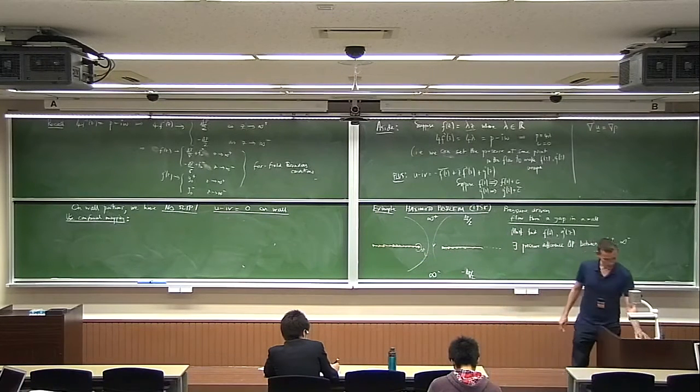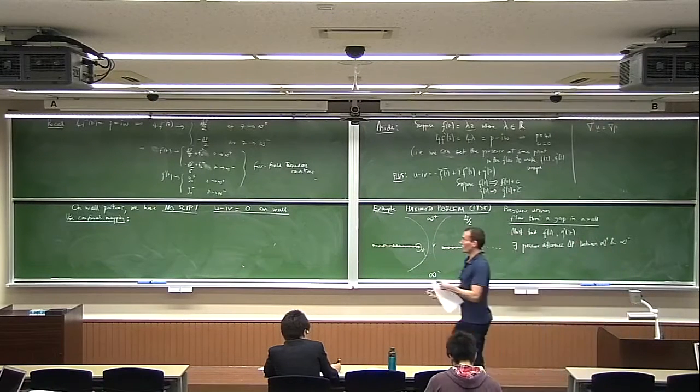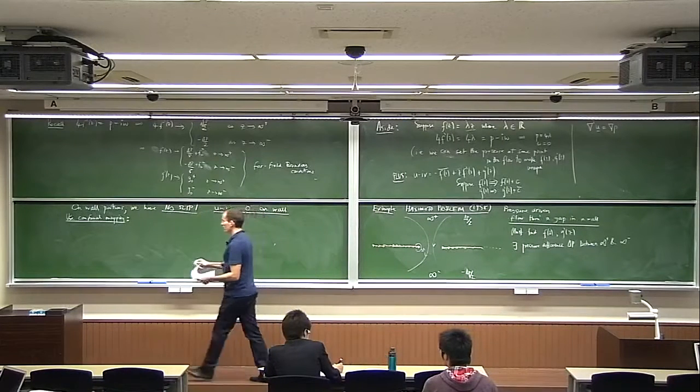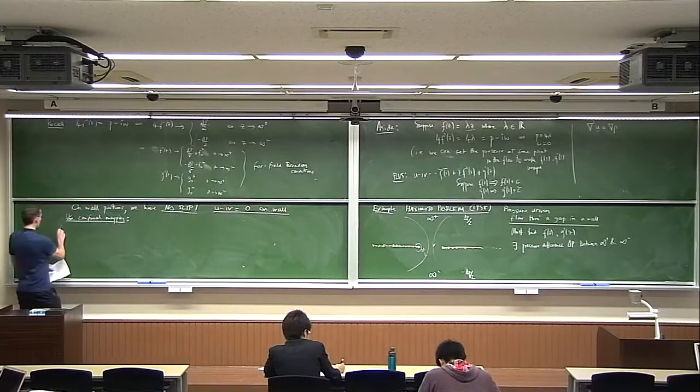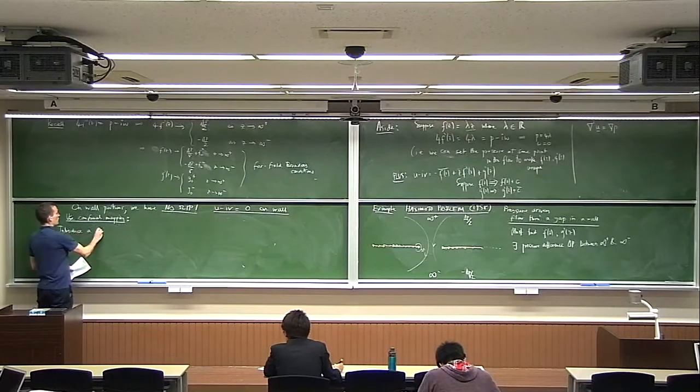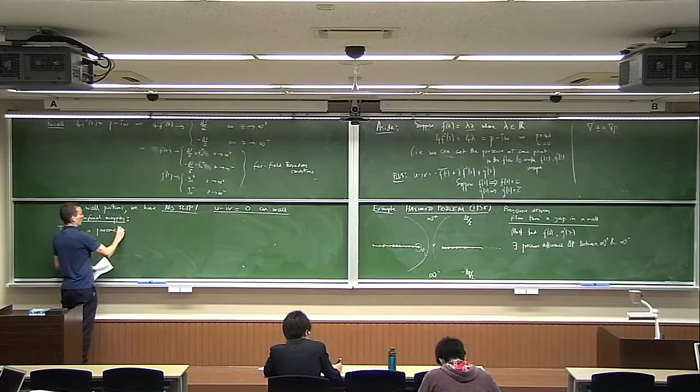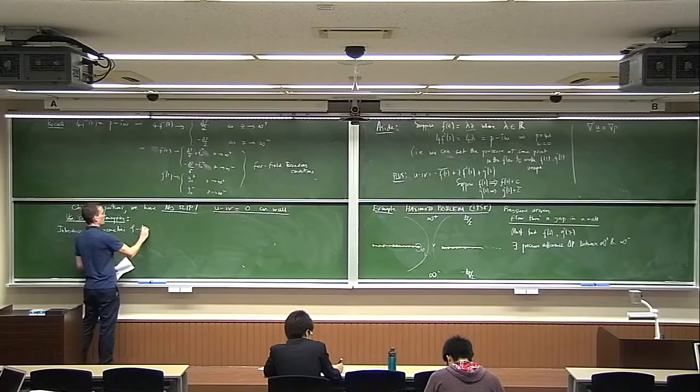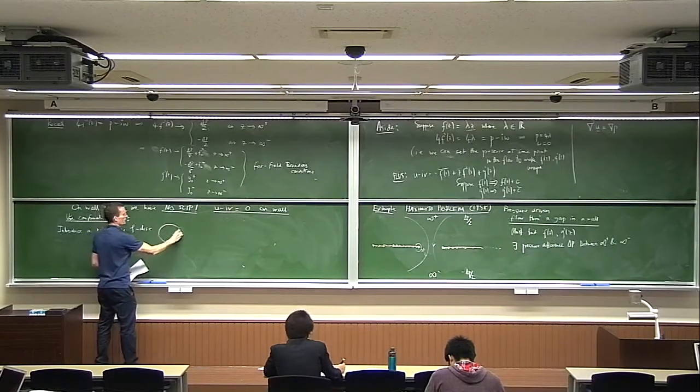Everybody remember how I constructed the mapping? We're going to do it. I'm going to map from a disk. So introduce a zeta disk, a parametric zeta disk. So here it is. It's a unit disk in the zeta plane.